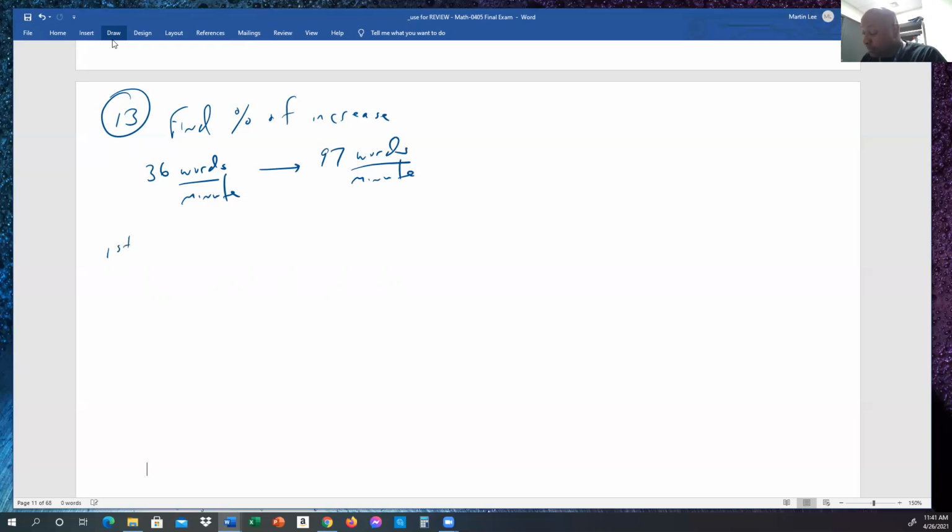Well, first we find the amount of increase. So first, amount of increase. That's 97 minus 36, which equals 61.